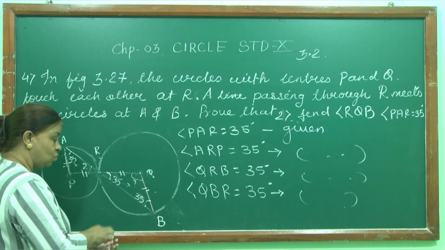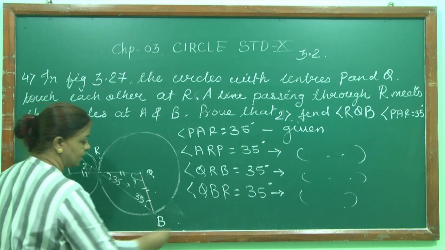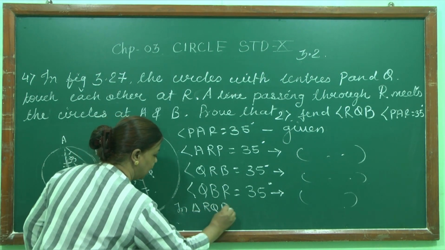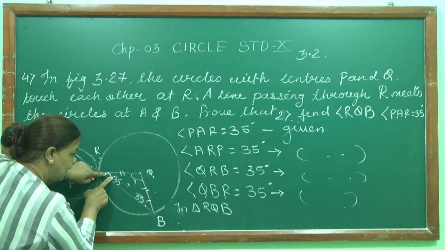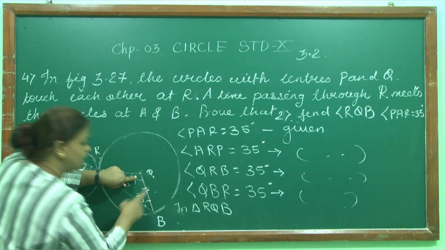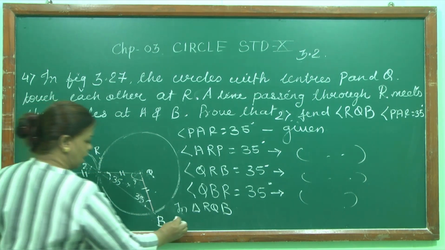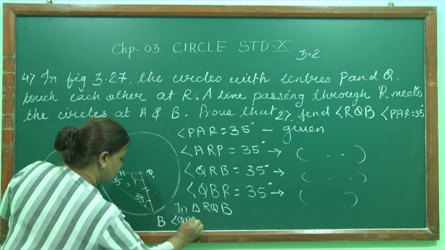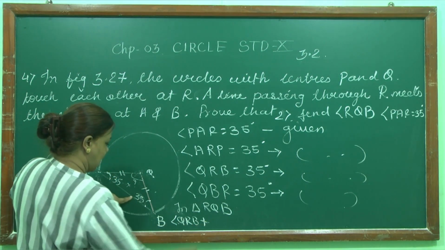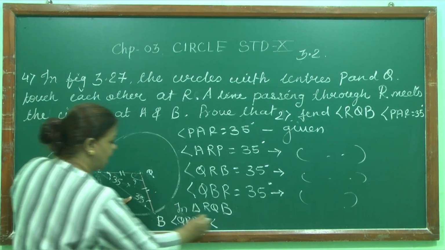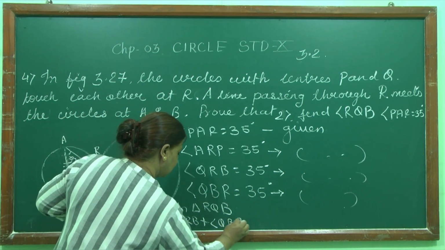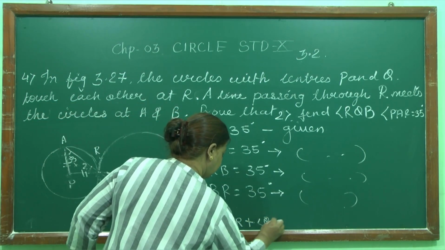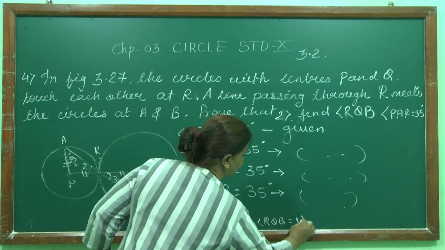Okay. So what we will do, now you can see this triangle. So in triangle RQB, this angle plus this angle plus this angle is equal to 180 degree. So I can write down angle QRB plus angle QBR plus RQB is equal to 180 degree.